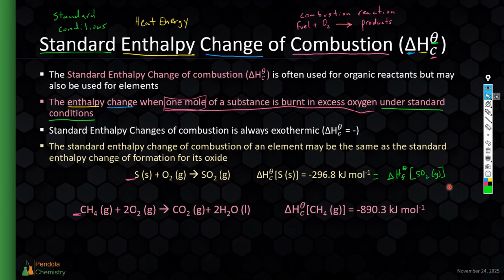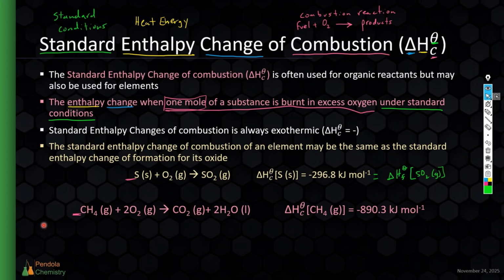Standard enthalpy change of formation is product specific, meaning we look at what the product being created is and it being made from its elements in an elemental form. But standard enthalpy change of combustion is reactant specific, meaning that we are looking at what is being burnt, a reactant. So even though these are the exact same thing, standard enthalpy change of formation of sulfur dioxide gas is the exact same number, the exact same thing as the standard enthalpy change of combustion of sulfur solid, we can call it two different things because the definitions have overlap on them.